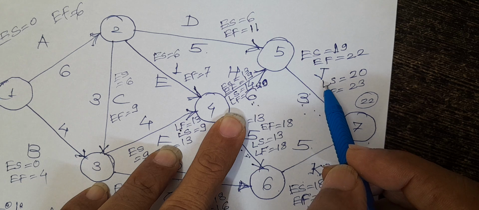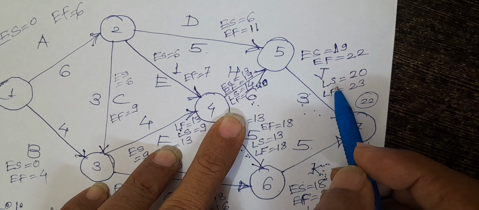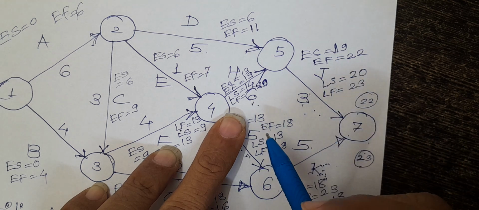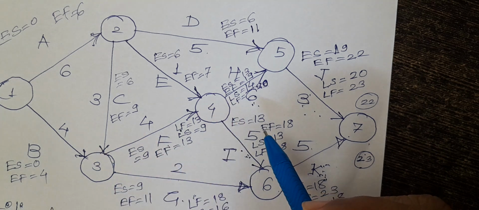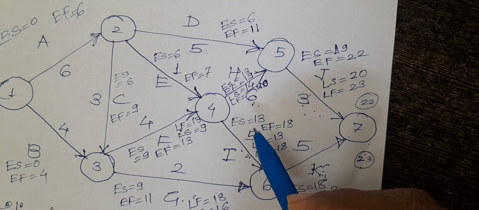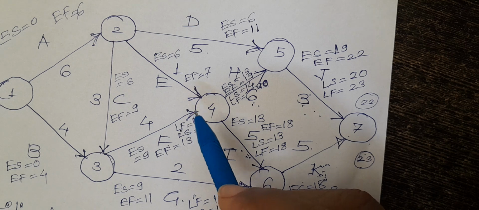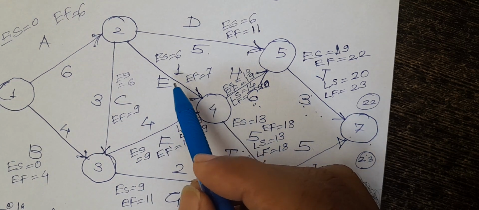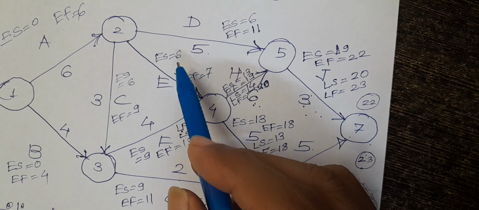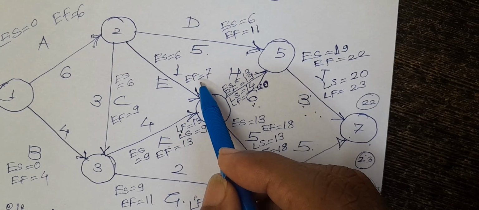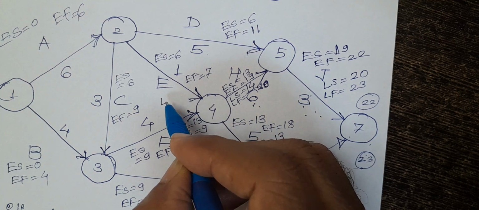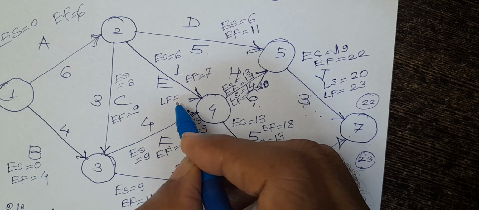So activity J is having the earliest start 19 and earliest finish 22. Next is activity number E. E is having the earliest start 6 and earliest finish 7. So what is the latest finish for this activity?